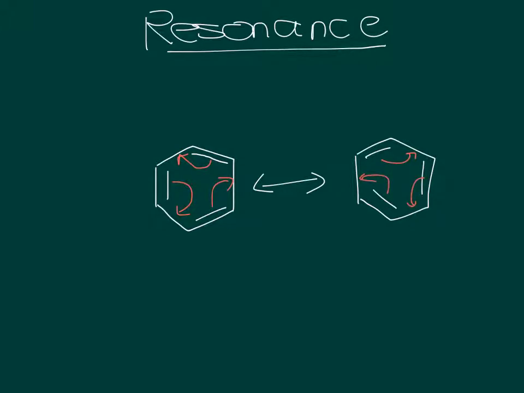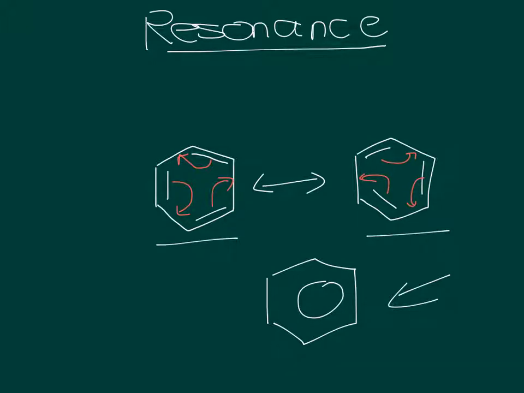And we know that neither of these two is the reality, and that's why we draw benzene with a circle in the middle. And that's the one that we actually use because we know it's neither this structure nor this structure, but somewhere in the middle with all 6 p orbitals overlapping to form a delocalized structure.